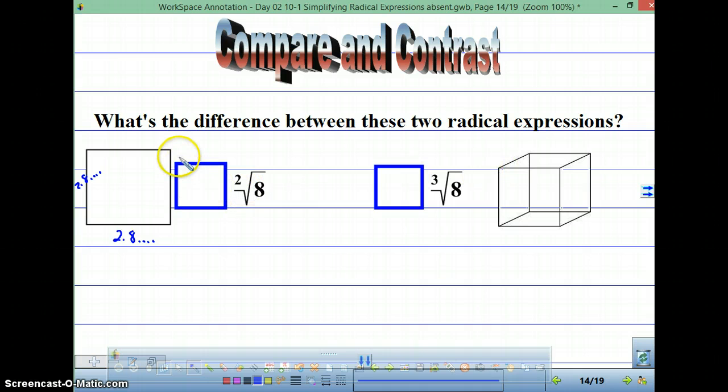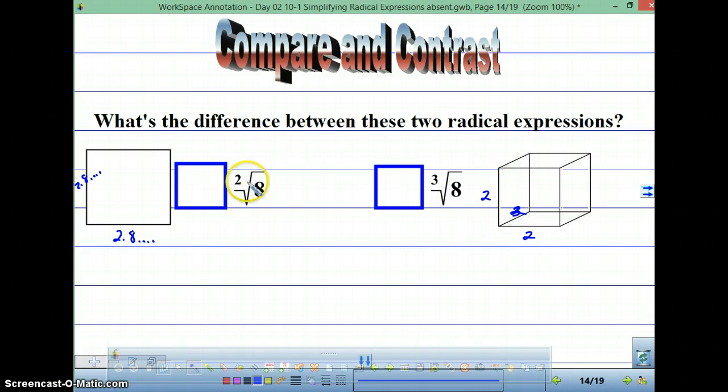Just like the square root was the side of a square, the cube root is the side of a cube, right? So we have to think of a number that if you multiply itself by itself 3 times, oops, sorry, that's a 2. 2 times 2 times 2 is 8.